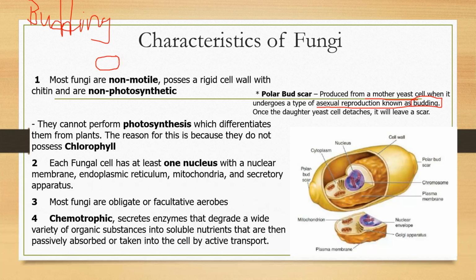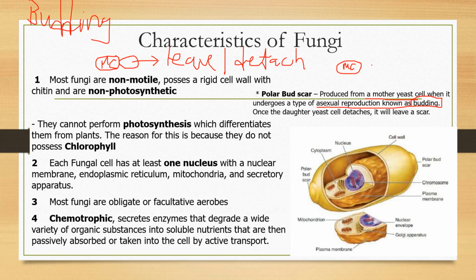What happens, class, is that this fungal cell, let's call this the mother cell, would reproduce via budding wherein it would produce another fungal cell. Once this fungal cell detaches from the mother cell, drawing ko ulit ha, I apologize for the terrible drawing.